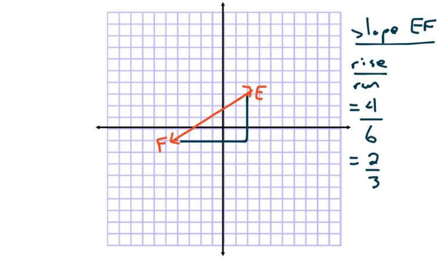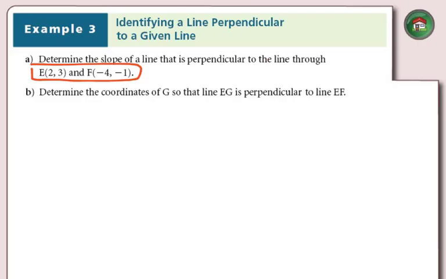I'm going to leave the graph for a moment and go back to the questions. So what we know so far in A is that the slope of EF is 2/3.